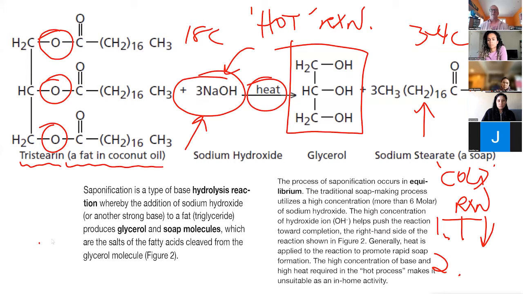What's the other reason going to be? Remember I said there were 2 things for the hot reaction that the soap factory does. One of them was heat. What was the other one?